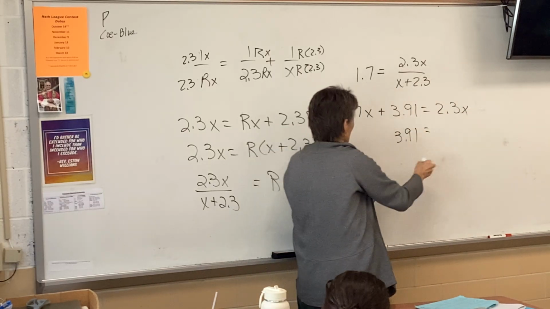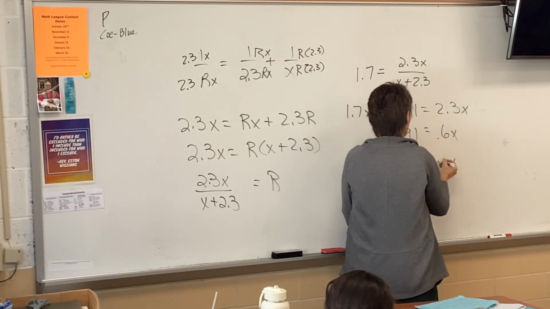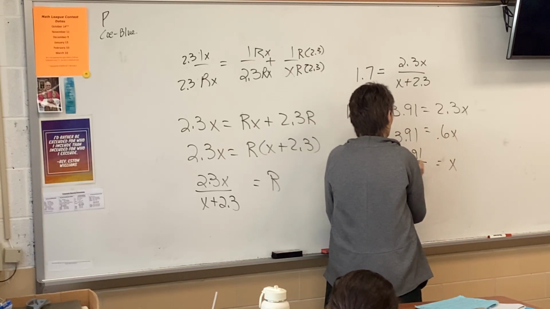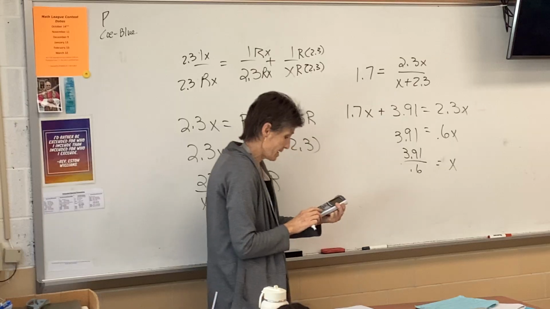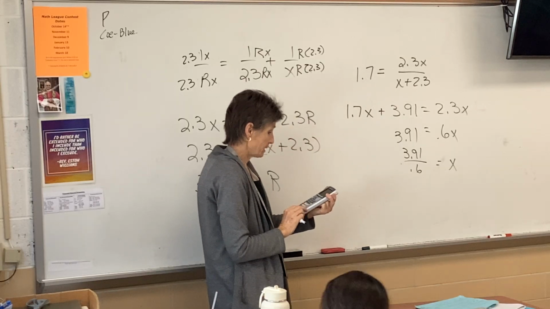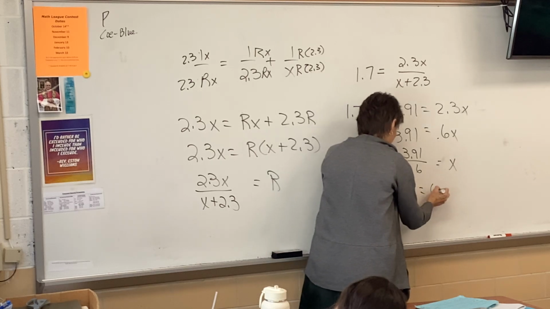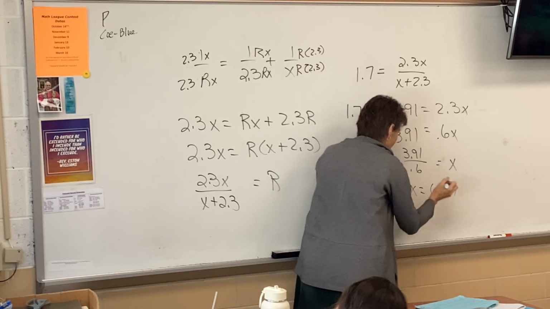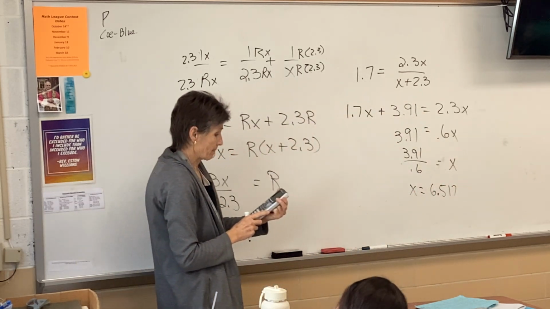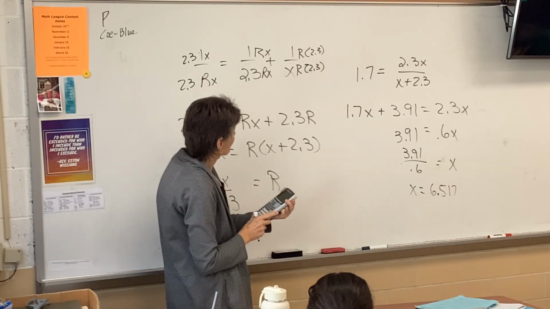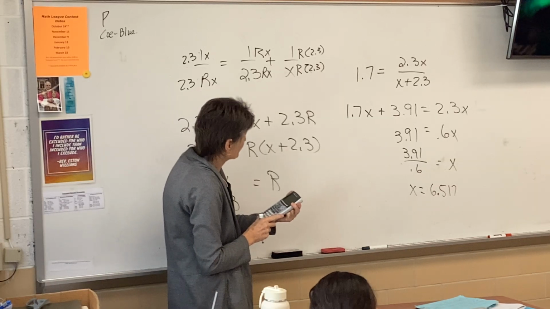Get my x's on the same side. And divide. So it looks like it is about 6.517, if I did my arithmetic correctly.